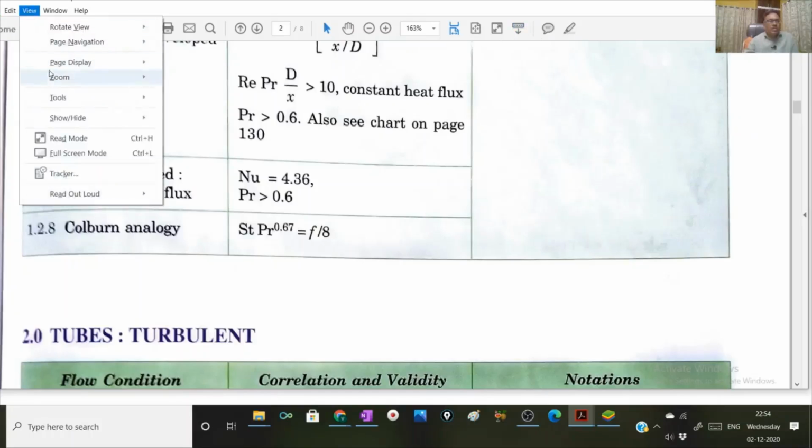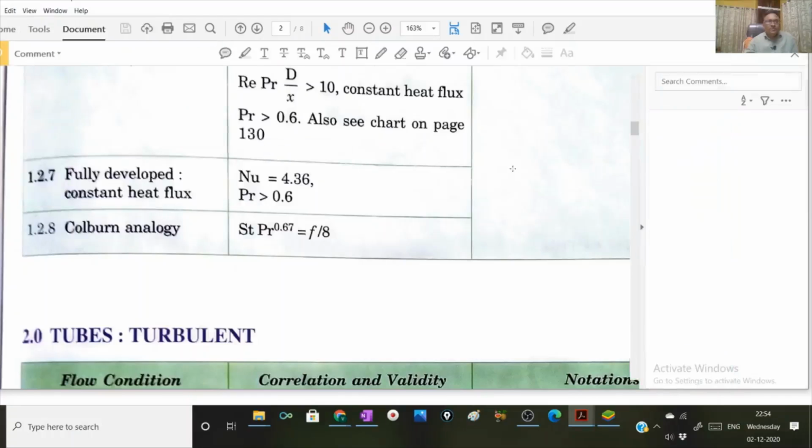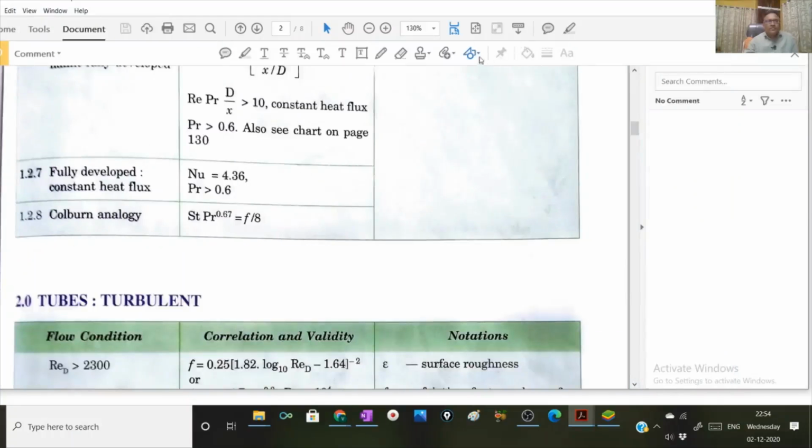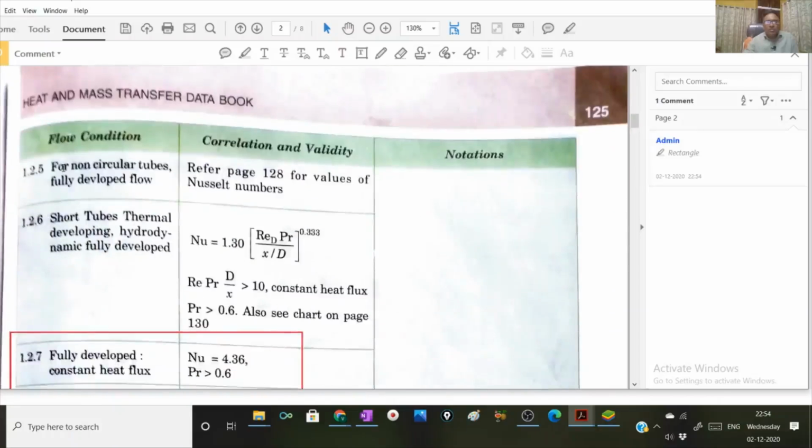So from here I can select this formula because it satisfies all the constraints, that is laminar flow, fully developed flow and constant heat flux. So equation number 1.2.7, and page number is 125.